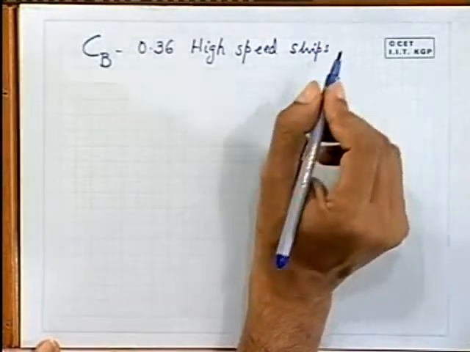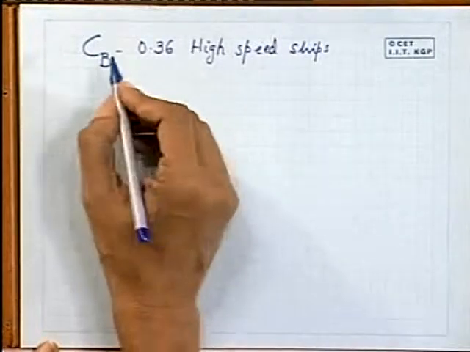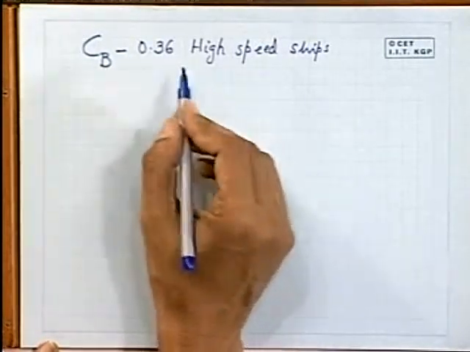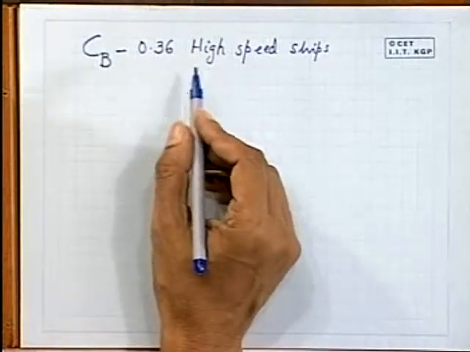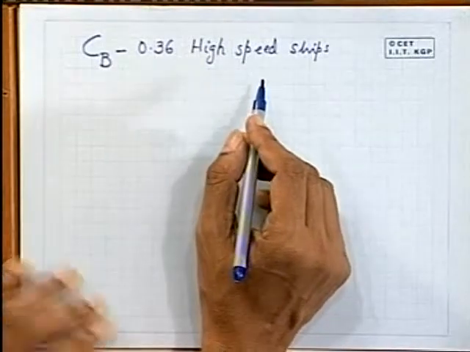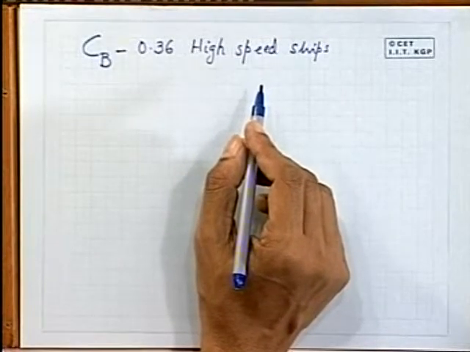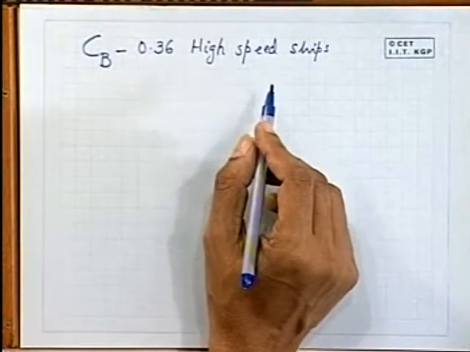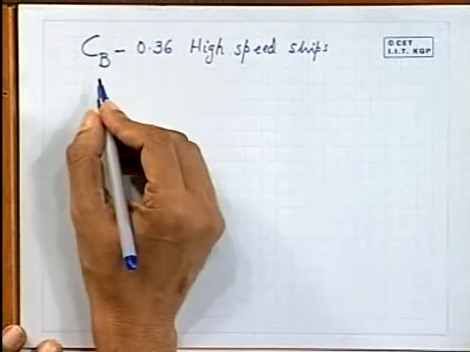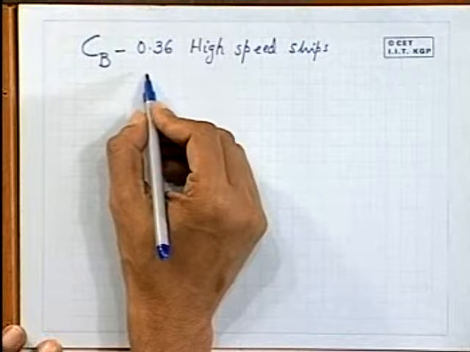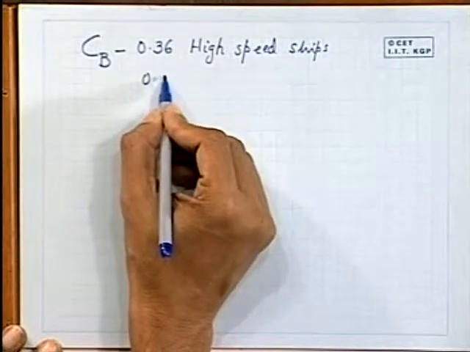You will find the destroyer hull or the cruiser hull have a very low block coefficient, and consequently the volume of displacement is pretty low. The destroyer has a very small amount of displacement because it is a high speed ship, and CB can also be as high as say 0.92.